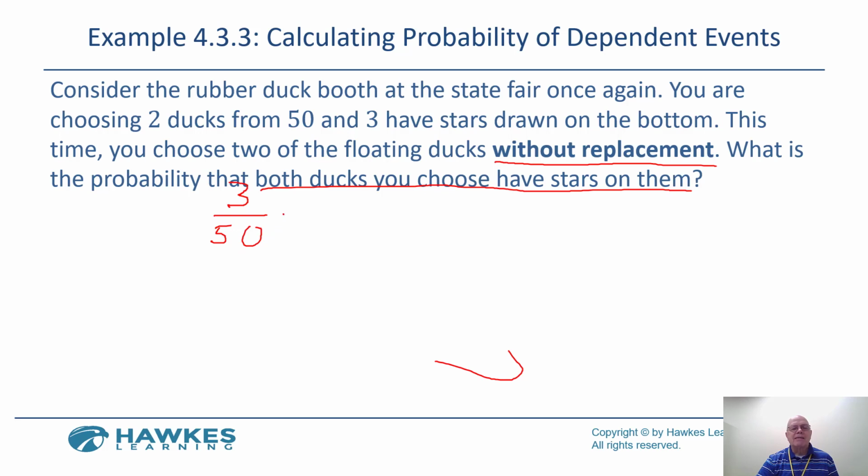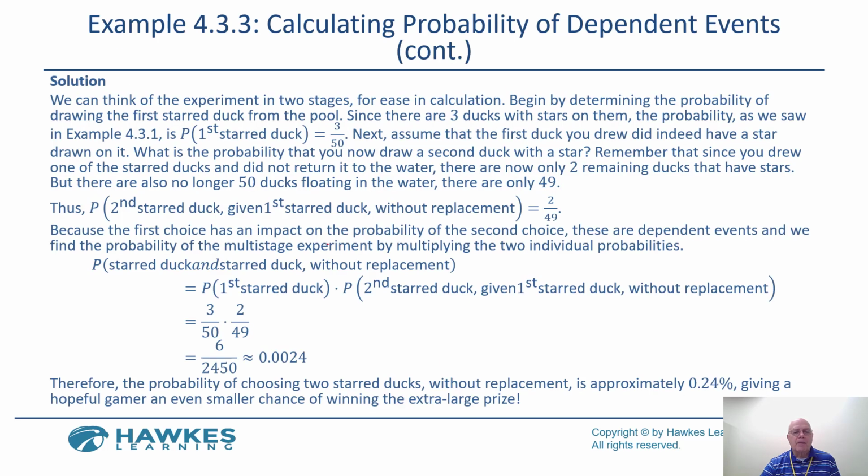But on the second selection, because we don't have replacement, one of those starred ducks is already gone, so we only have 2 to choose from, and there are only 49 ducks still in that small pond. So that will give us the probability of getting 2 starred ducks if we do not replace the duck from one selection to another.